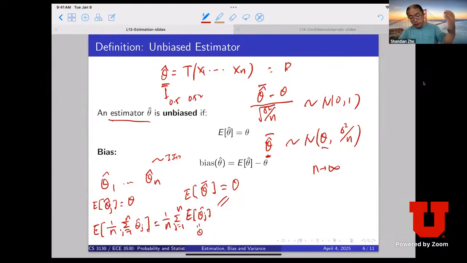This is just to show what the benefit is if you have an unbiased estimator. Don't worry, this kind of analysis won't appear in the final exam. But we want to give you a sense that if you have an unbiased estimator, as you do more and more estimations on average, your estimator will quickly approach the ground truth.